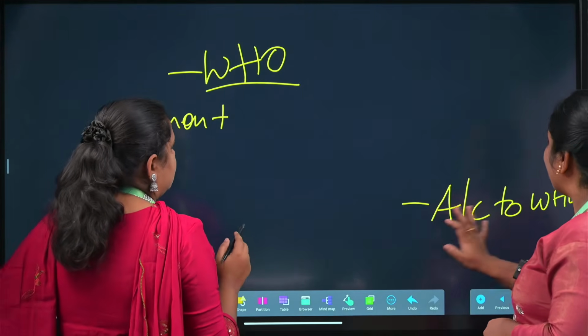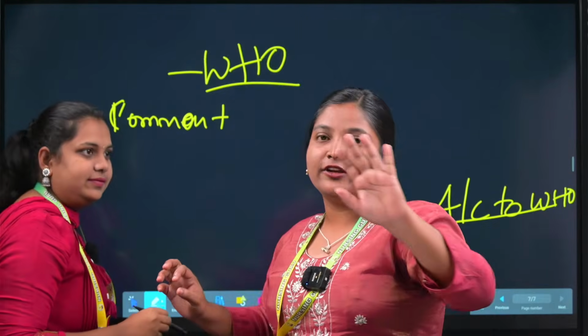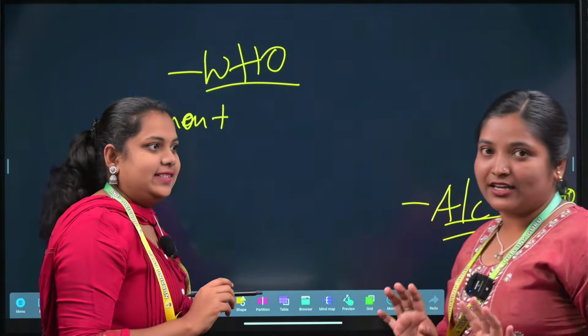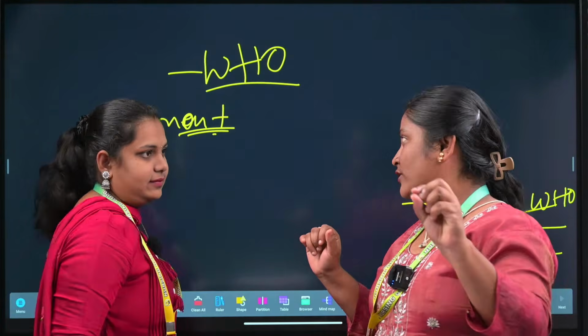This much is enough. If you know it, that is well and good. If you don't know, no need to put a wrong one. Mentioning according to whom it is said is good for you to score better marks.